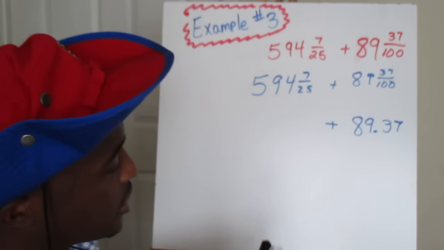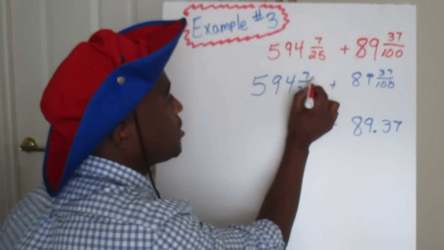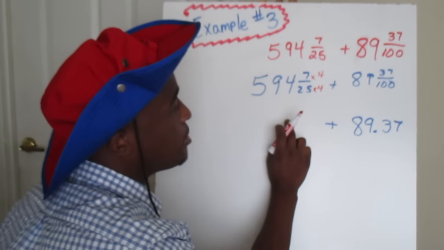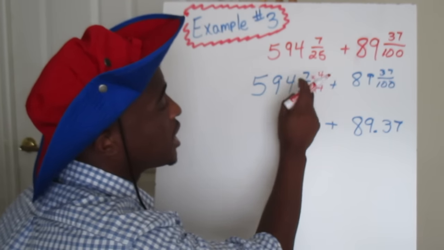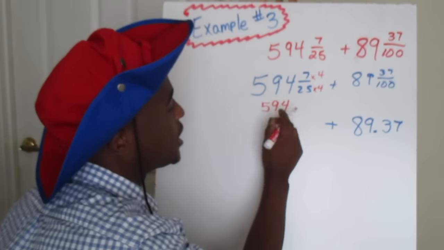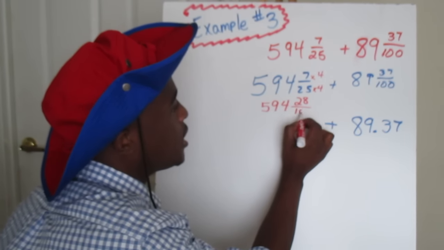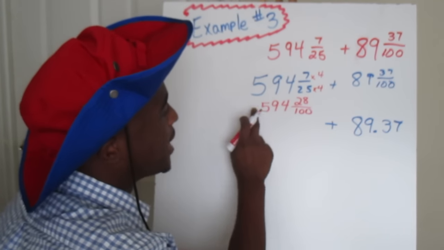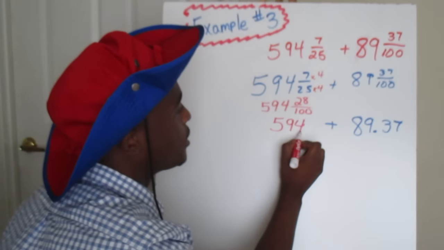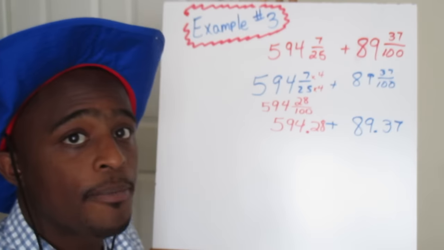To get hundredths here, I need to multiply my numerator and denominator by 4, because 25 times 4 will get me 100 and 7 times 4 will get me 28. So this mixed number can be rewritten as 594 and 28 over 100, and when I convert that into a decimal I get 594 and 28 hundredths.